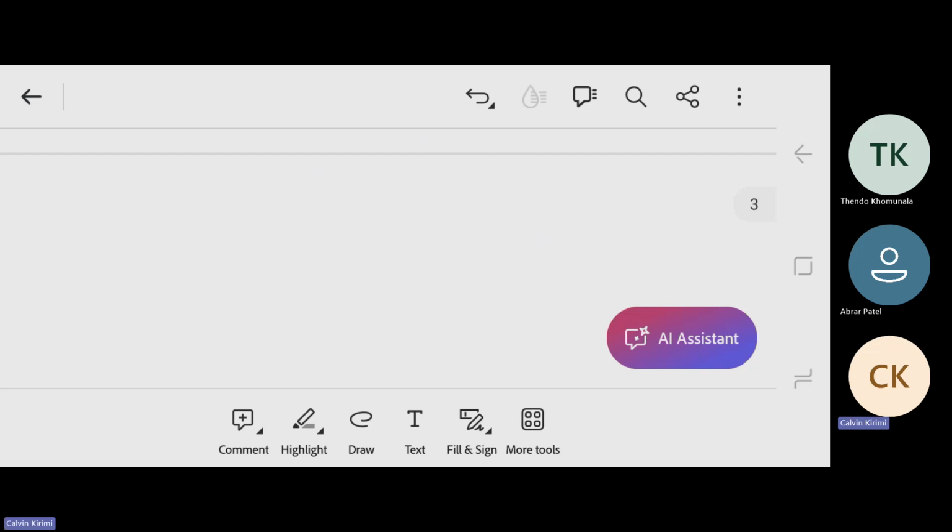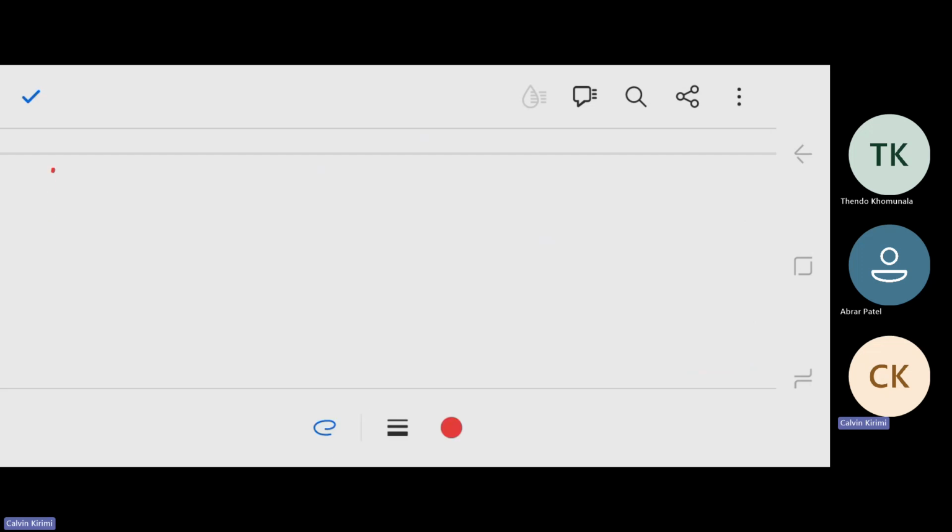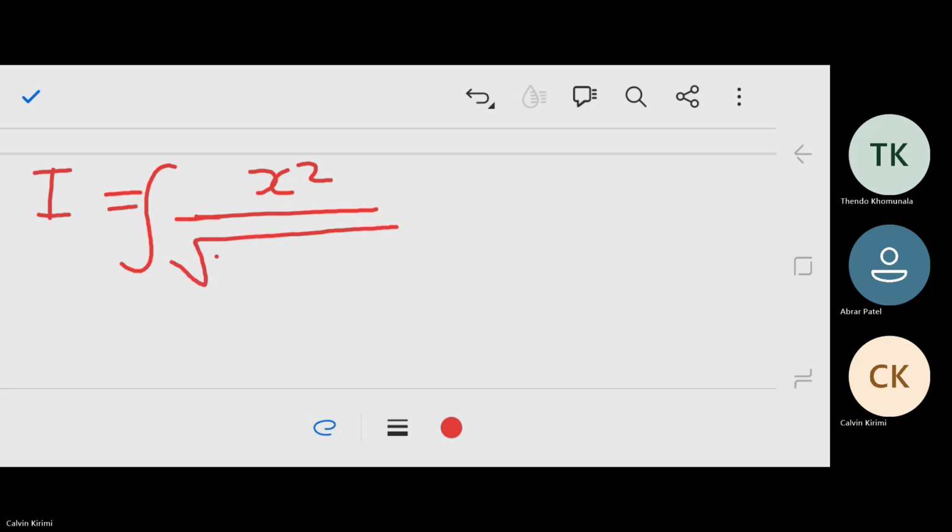For example, let's go to this one. I is equal to the integral of x squared over root of x squared minus 4 dx.